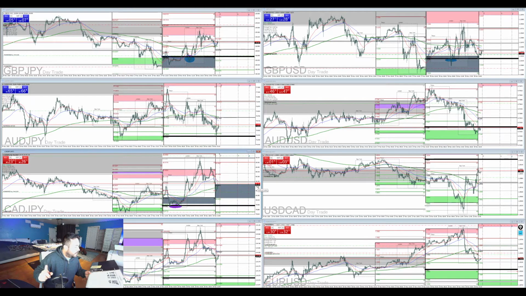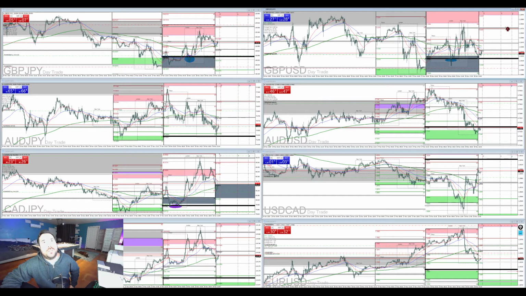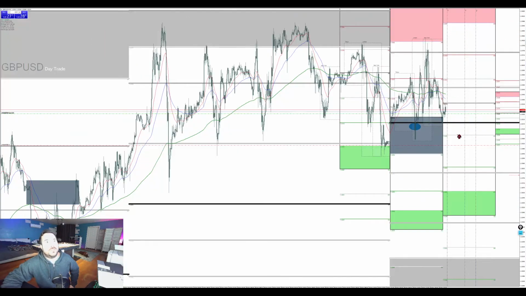The other one is the pound yen. And in fact, I may have... Let me go ahead and do this one here first. I need to do one here because... I would have missed. I missed this one. If it doesn't come back, I missed the entry because of my appointment that I had to go to today, and I wasn't here for it.